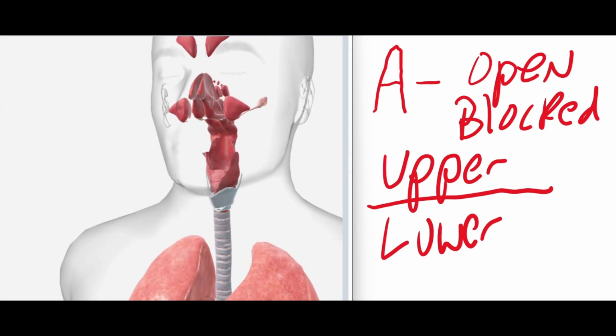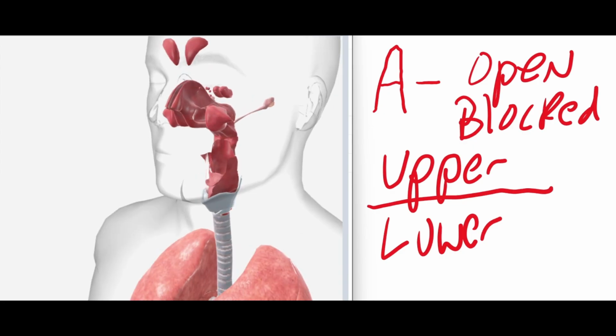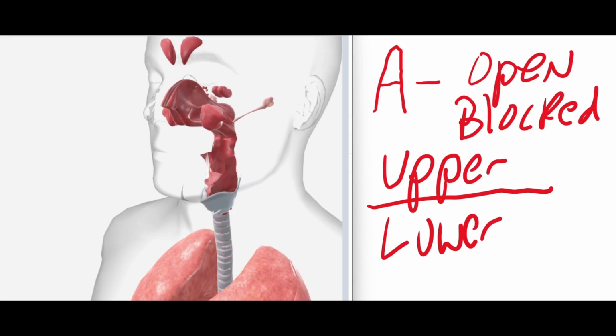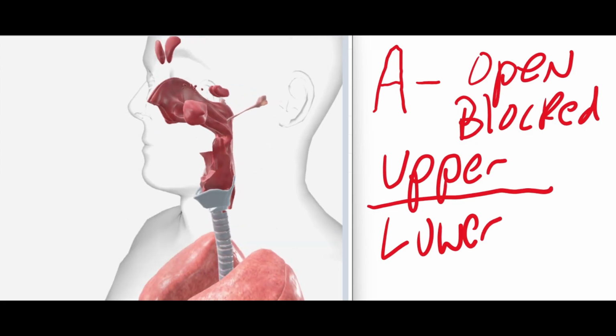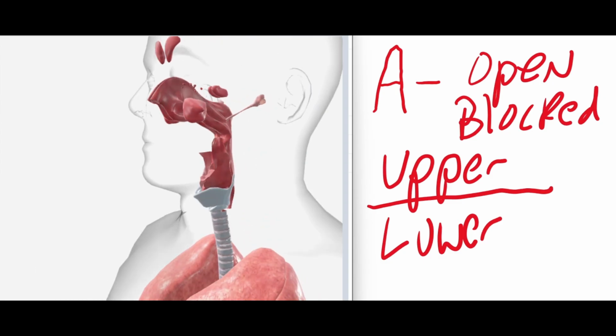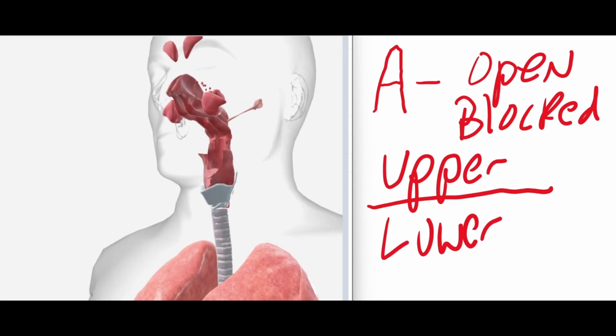Going down from there, still in the upper airways, we have the oropharynx. That oropharynx sits right back here. The back of the throat is where we tend to find one of the biggest blocked situations that we deal with in the airways, and that's when the tongue gets in the way.